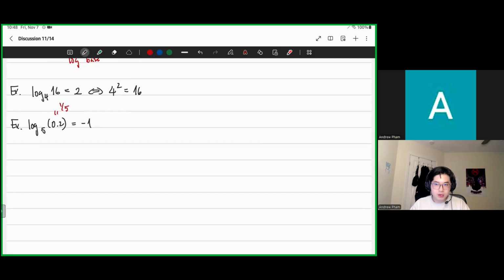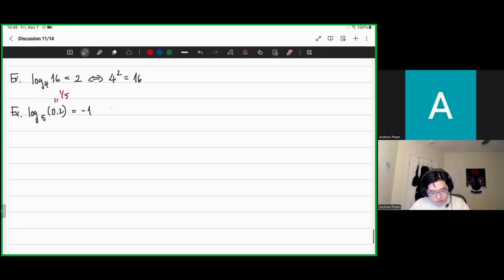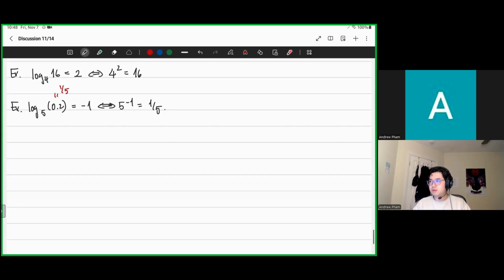What power do I raise the log base, 5 in this case, to give me 1/5? That's -1. If I do the equivalence relation, this is simply 5 to the -1 is equal to 1/5, which is a true statement. That's how you know you did this right.